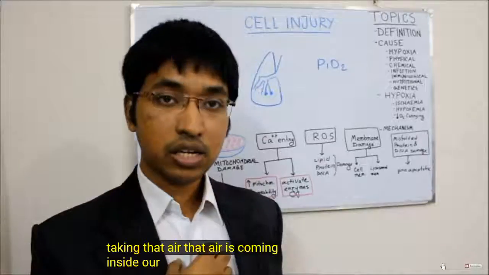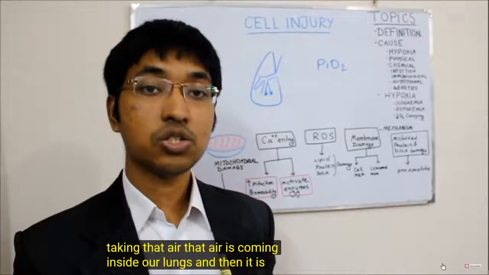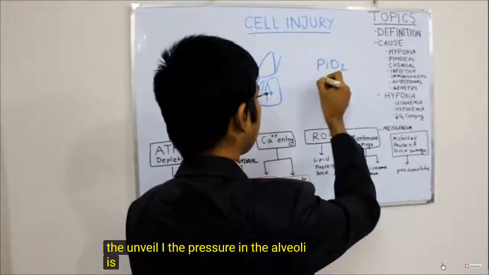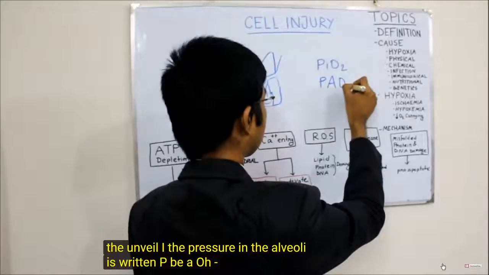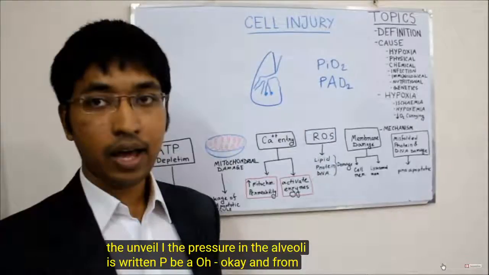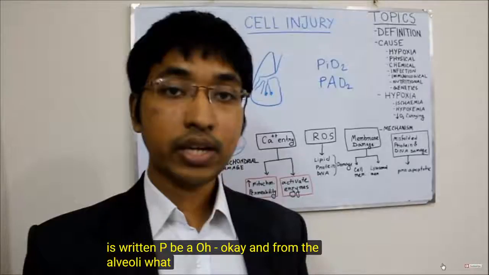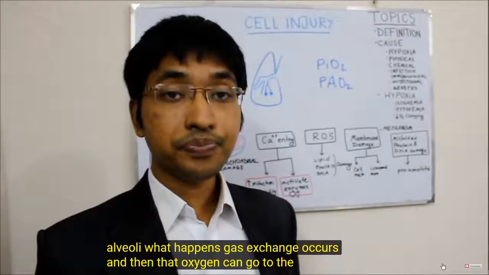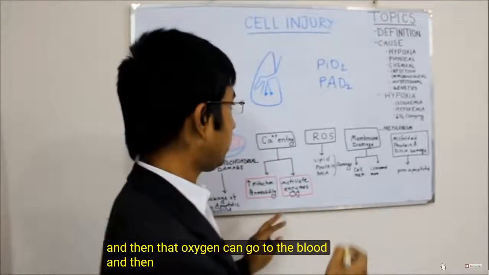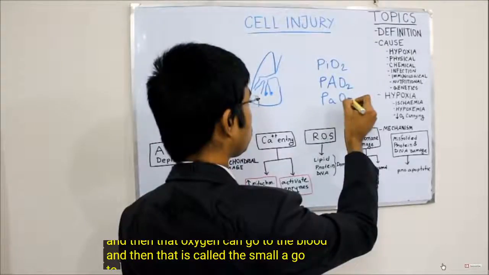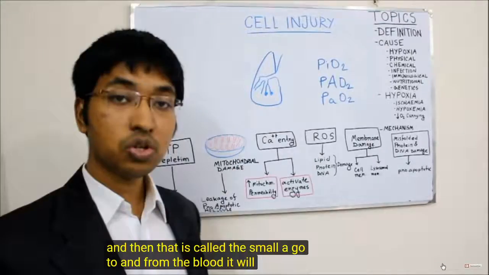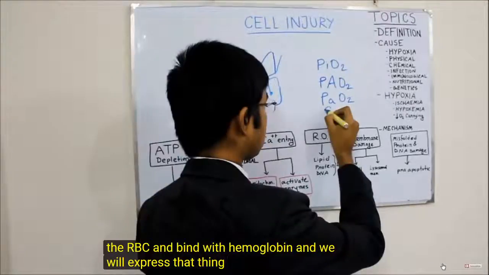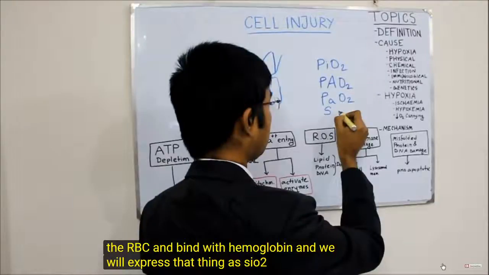So what happens when we are taking that air? That air is coming inside our lungs, and then it is going to the alveoli. The pressure in the alveoli is written PAO2. Okay, and from the alveoli, what happens? Gas exchange occurs, and then that oxygen can go to the blood, and that is called PaO2, and from the blood it will go inside the RBC and bind with the hemoglobin, and we will express that as SaO2.